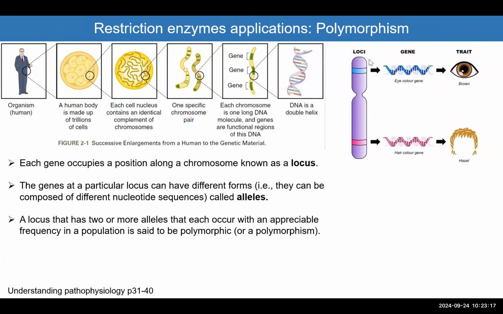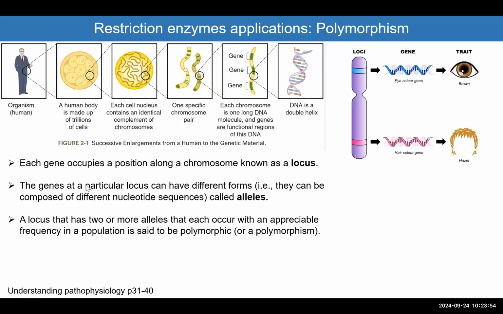A simple example is here, where this is the locus for eye color, and therefore this person has brown eyes. Another locus is for hair color, a different site on a chromosome, and in this case the hair color is hazel. This tells you that the location of the gene might be conserved on a chromosome.